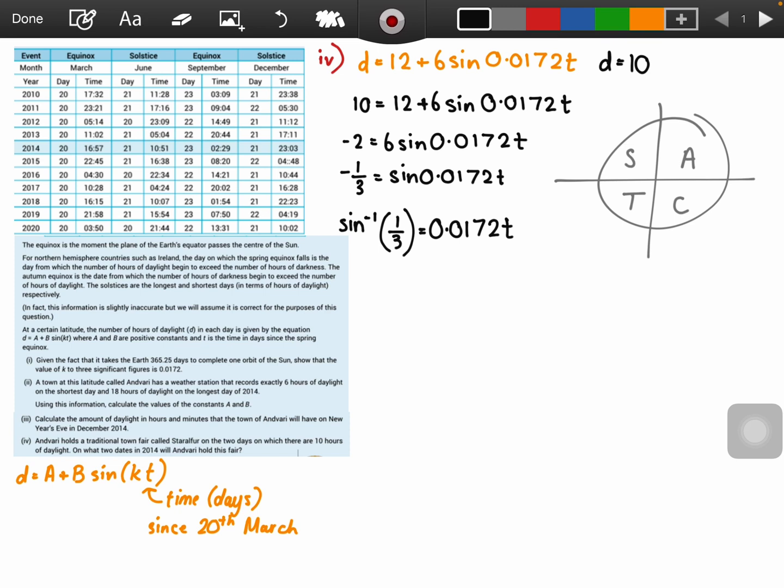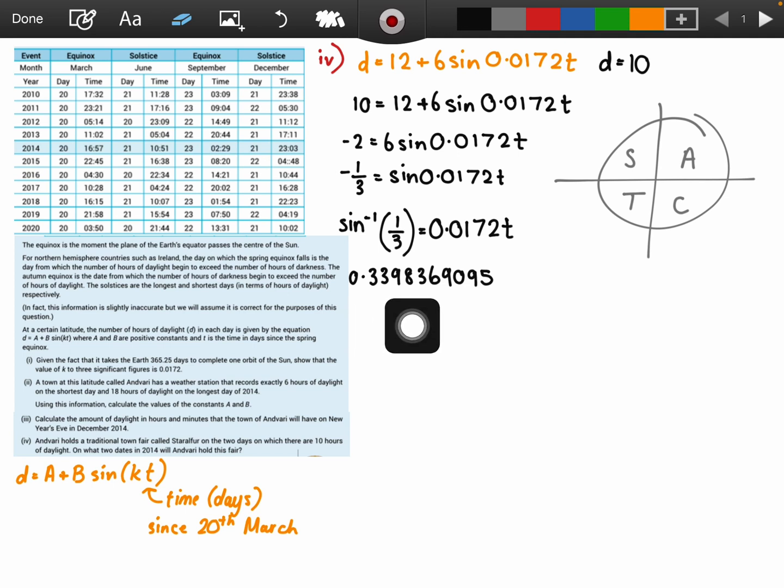Okay, so the inverse sine of 1/3, put it into your calculator, and we get that it is 0.3398369095. Okay, that is what the inverse sine of a third is.